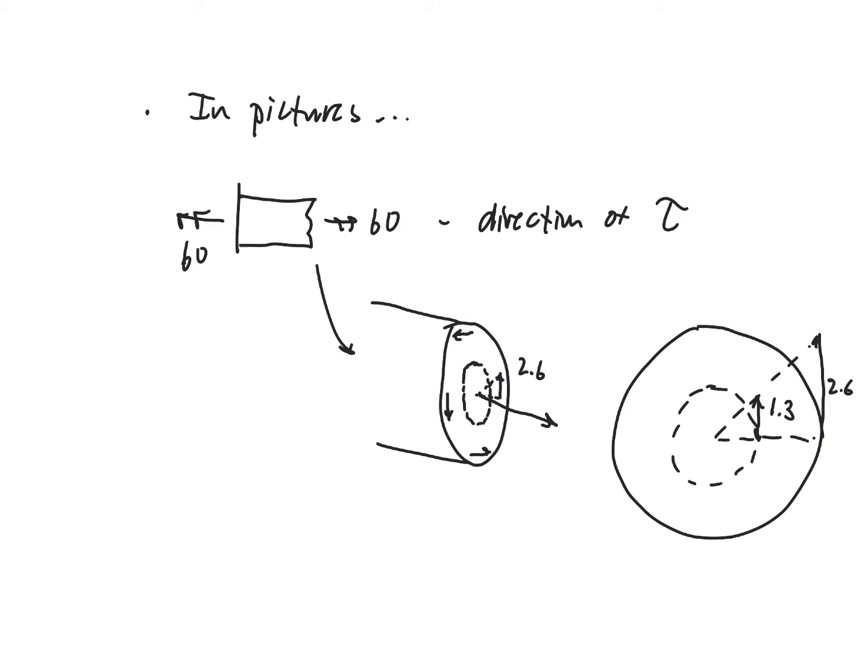So at a radius of 2.5, we have the shear stress of 2.6. And then at a radius of 1.25, we have exactly half of that. And that's the direction that they're going. So again, over here, it would be going this way, and this way. So that would be our field of arrows.